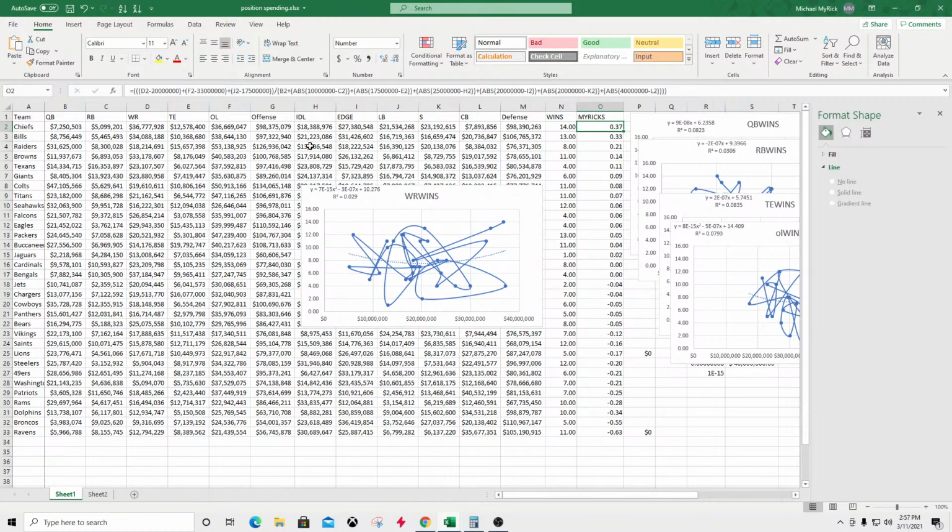I don't know. I think I am willing to live with this result as long as it makes sense, just because spending money on the quarterback is bad.